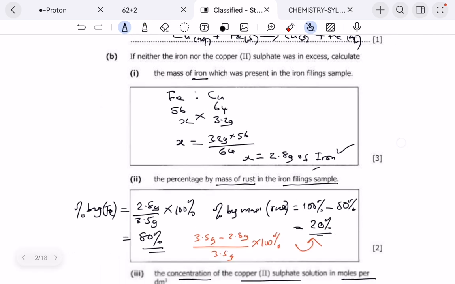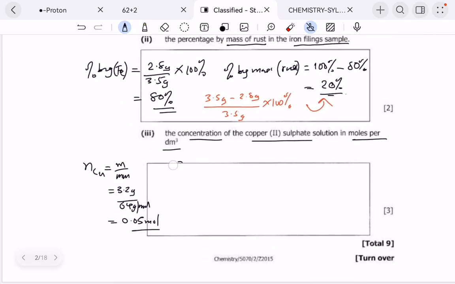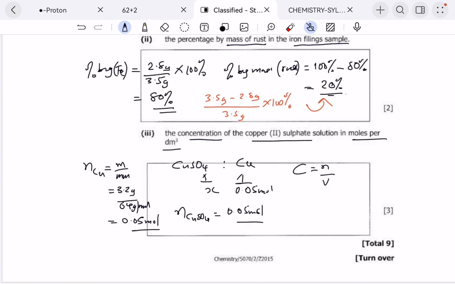When I look at the ratio of copper 2 sulfate and copper, they both reacted in the ratio of 1 to 1. So if copper has 0.05 moles, then the number of moles of copper 2 sulfate will be 0.05 moles. Concentration is number of moles divided by volume.